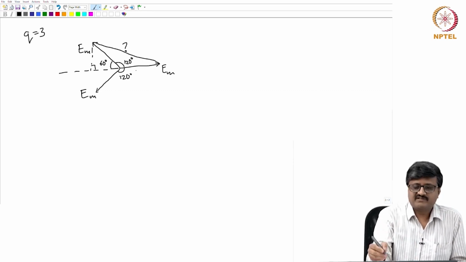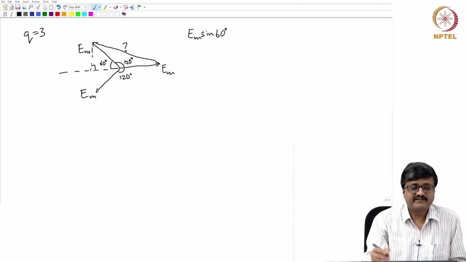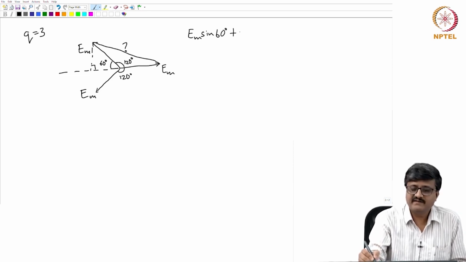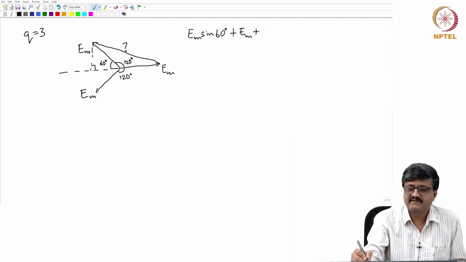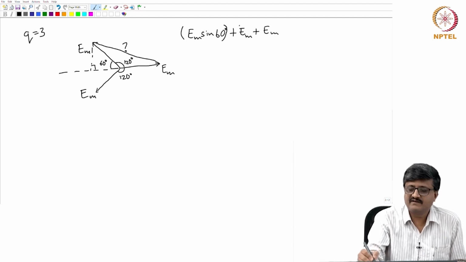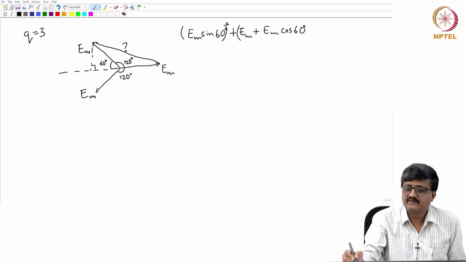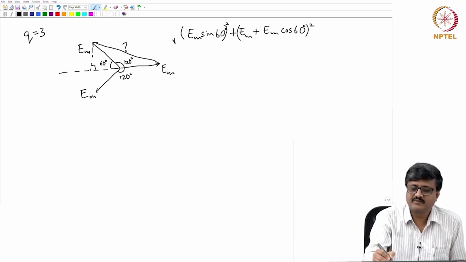I have to just take one length which is Em sin 60 and the other length is Em plus Em cos 60. So, this is one length, this is another length. I just take the square of these two lengths and take the square root.